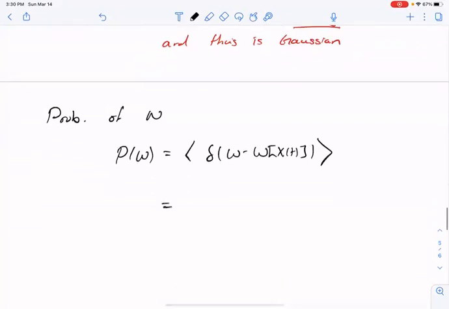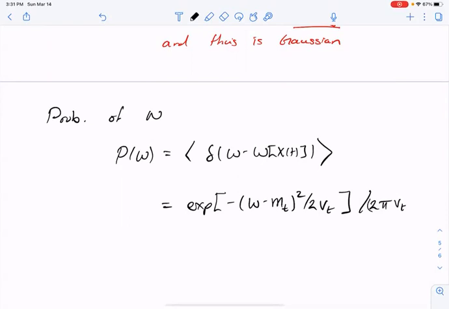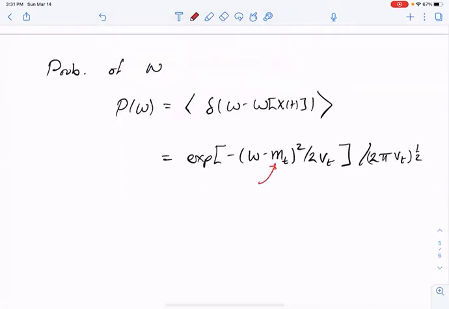What we've just argued is that distribution is Gaussian, and so we can write down a general Gaussian form with some mean and some variance. Let's denote M of t, the mean value of the work, and V of t, its variance.